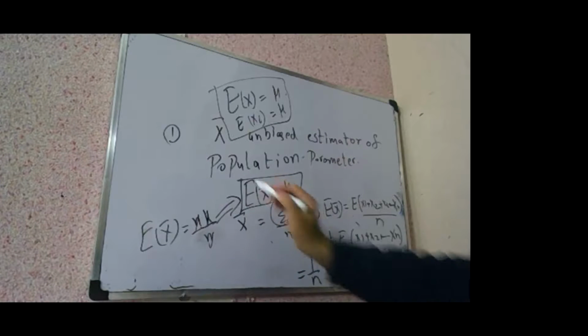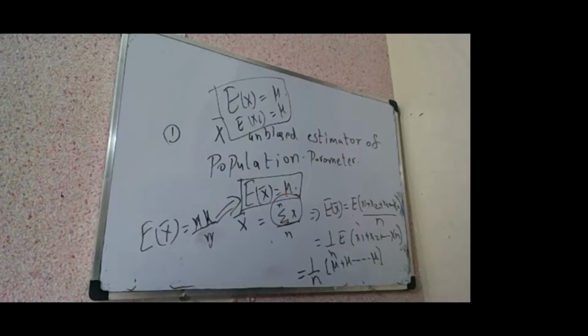So hence we have proved that the sample mean x bar is an unbiased estimator of the population parameter, because its expectation becomes equal to the population parameter. That's a really important property, which we're going to use further as well.